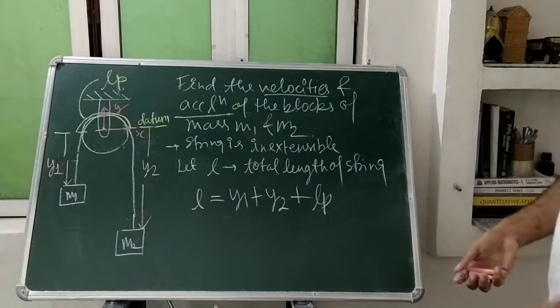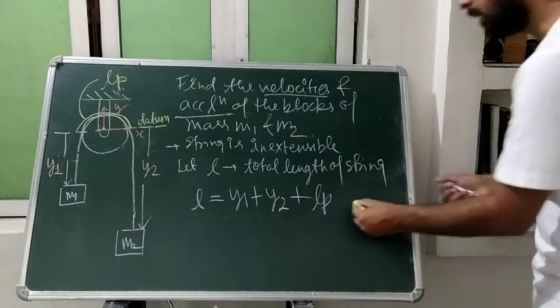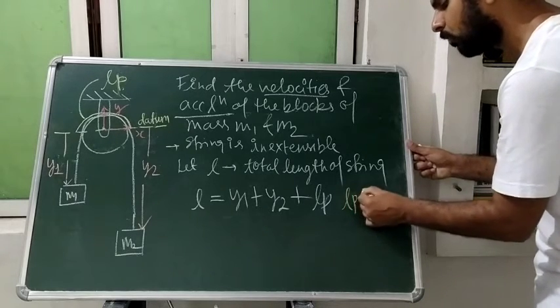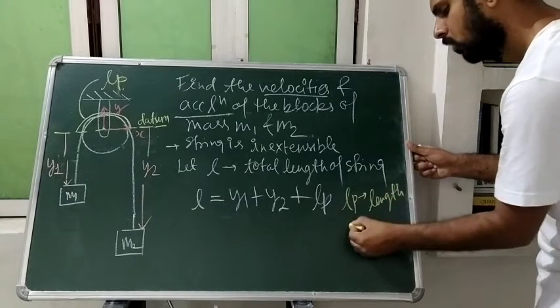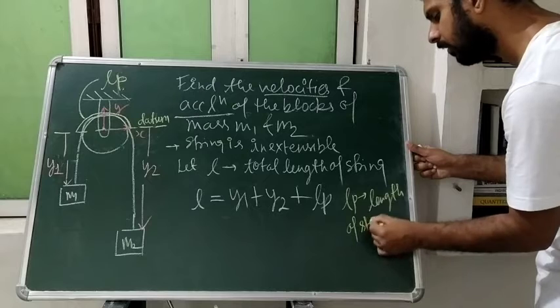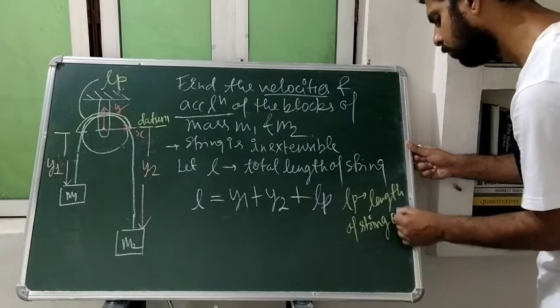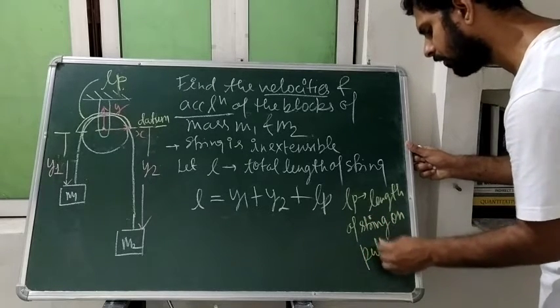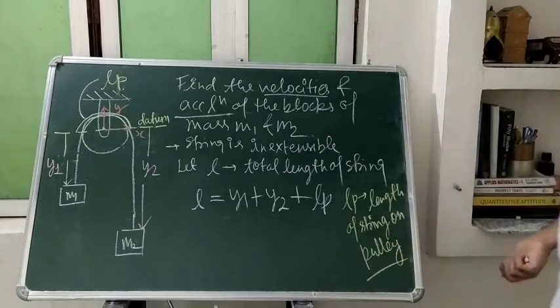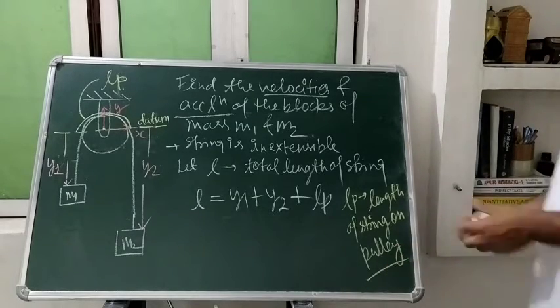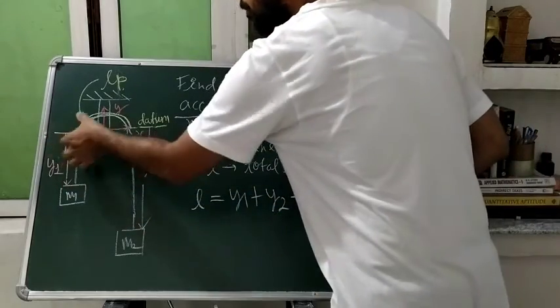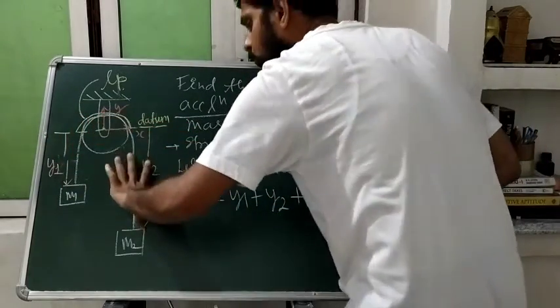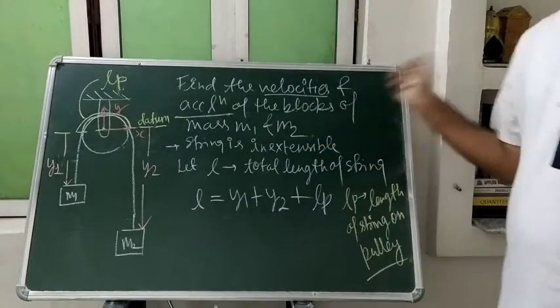LP. What is LP representing? LP is representing the length of string on pulley. So this is the total length we will get: y1 plus this LP distance plus y2. It is the length we will get.